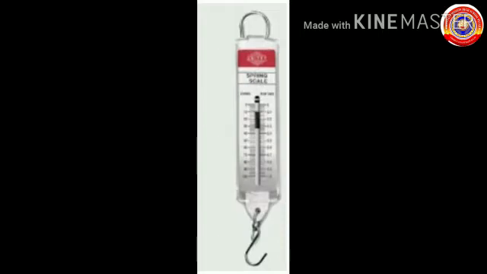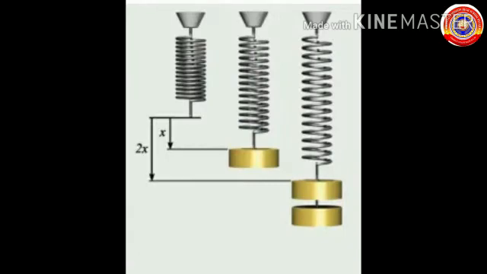Put markings on the spring balance accordingly. In this way, we can mark weight on the spring balance. When something is hanged on the spring, the change in the length of the spring is proportional to the weight of the items hanged.